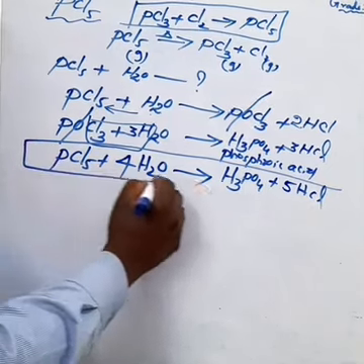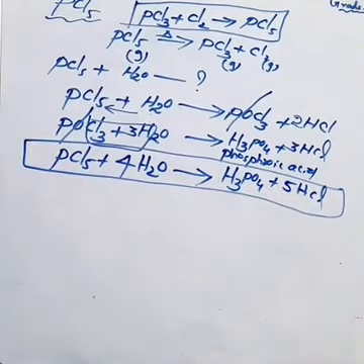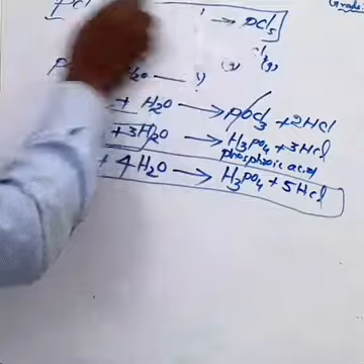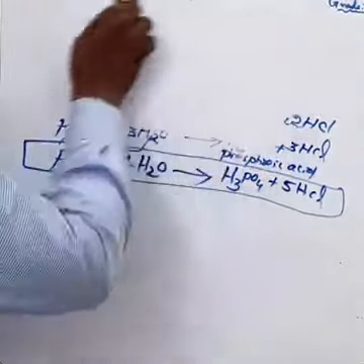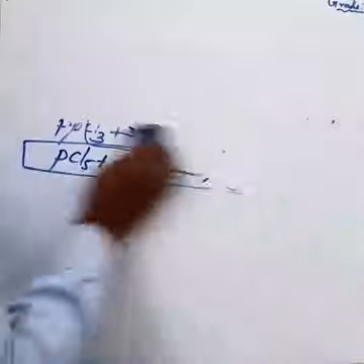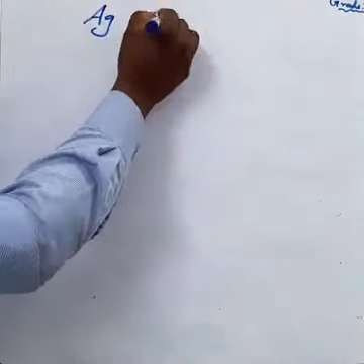Next, one of the important points. What happens? Phosphorus pentachloride reacts with metal. We are taking 2 metals. One is silver and the other one is tin.